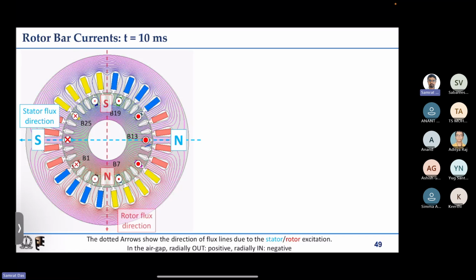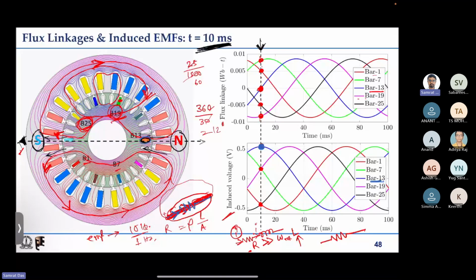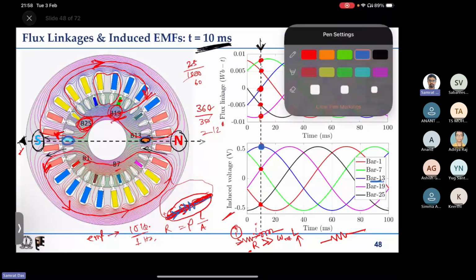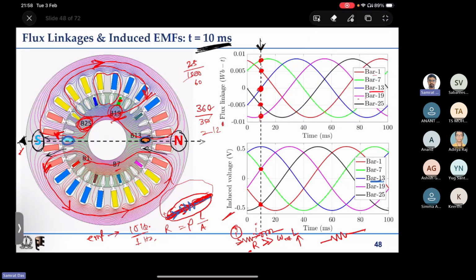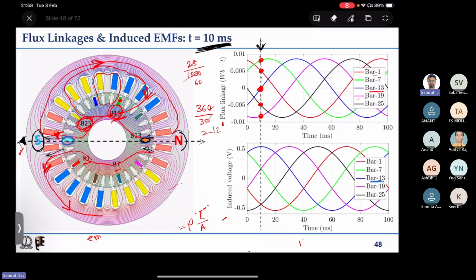And the bar opposite to bar 13, that is this bar, should have the opposite one, because they are 180 degrees phase shifted from each other. So if it was drawn, I will remove a few things.